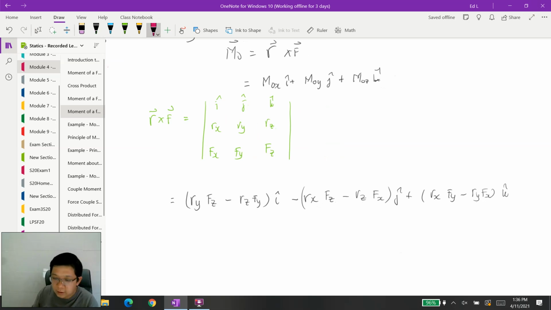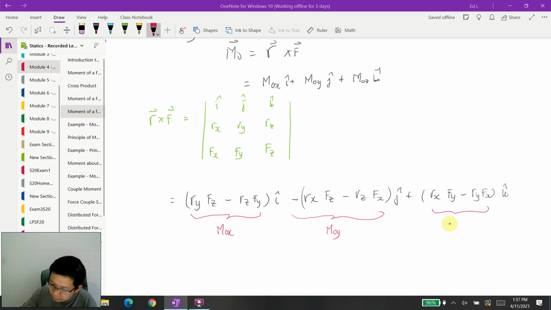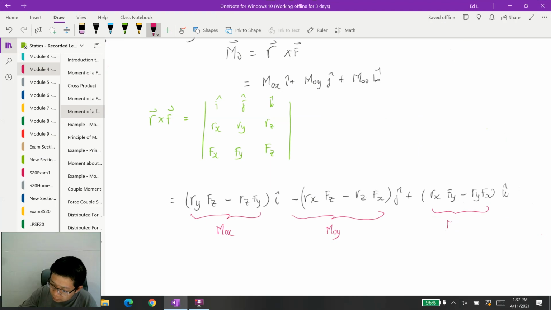In other words, what we have here is basically our M0x, which is Ry Fz minus Rz Fy, and then this whole term is our M0y, and this whole term is our M0z.